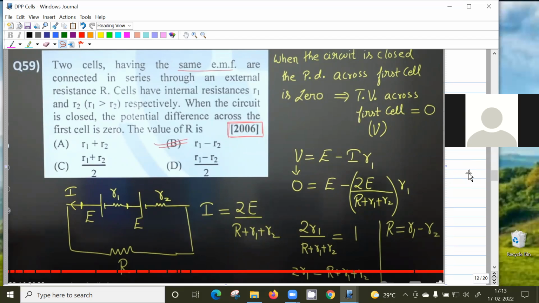This was a simple question if you think clearly. Understood the question? See, this is a circuit diagram, right? Circuit diagram is clear.